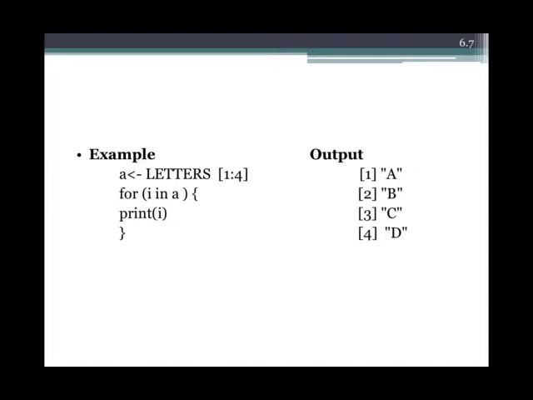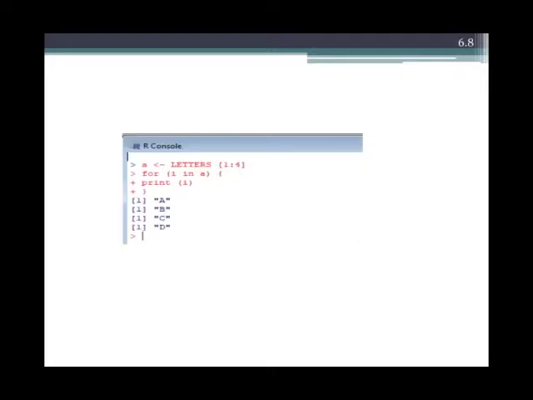We have assigned the letters A to D to a variable A, and we have said for I in A, I being the variable and A being the vector we are iterating over. As long as there are values, we print the value of I. So the first output is A, then B, then C, and the fourth is the letter D.